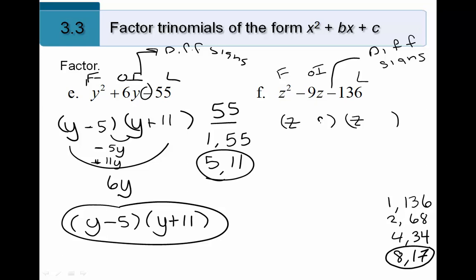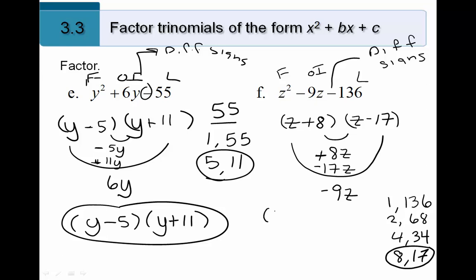You can pull your calculator out to help you see what the factors of 136 are. So 8 multiplied by z is 8z. Z times 17 is 17z. We're looking for it to add up to negative 9z, which it will if the 17 is negative and the 8 is positive.